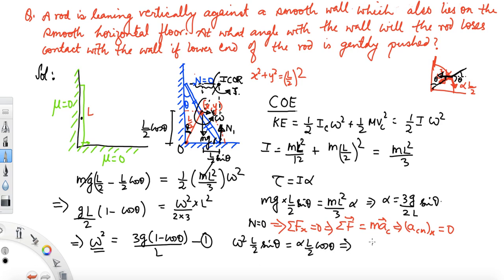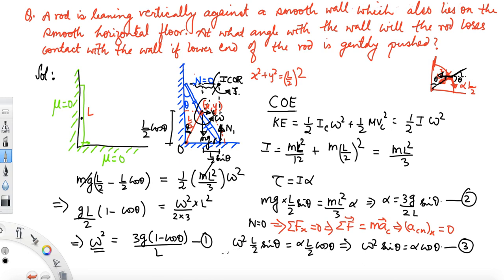So we can say that omega square sine theta is equal to alpha cos theta. We have these three equations: first, second, and third. From all these three equations we can easily find angle theta, eliminating alpha and omega.